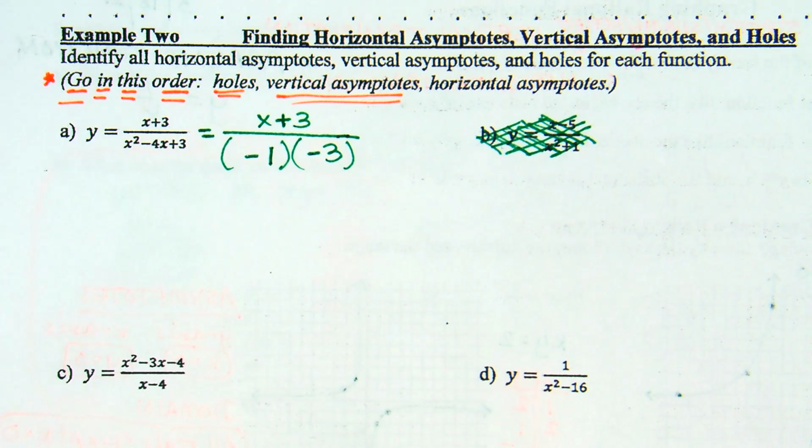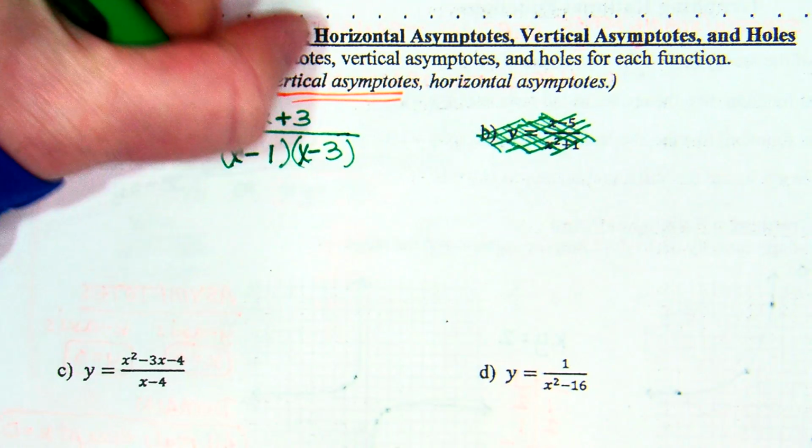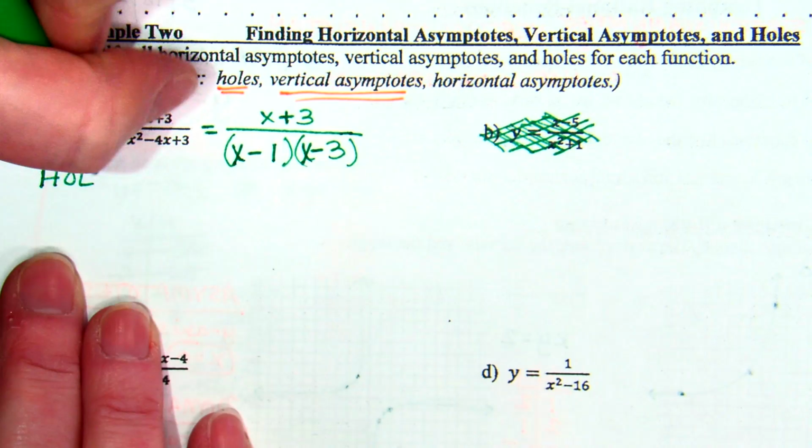Okay. Now, with that in mind, it said holes. And you have that chart on the previous page, right? If you read about holes, it says they occur if the functions on top and bottom can factor and reduce. So you're looking for any identical factors that would cancel.